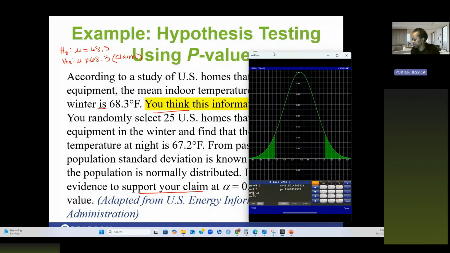The mean was 67.2, and the n was equal to 25. I made sure that I'm highlighting not equal to at the bottom, and your calculator might look a little bit different from mine, but the keystrokes are the same. Okay, and then I'll hit enter.